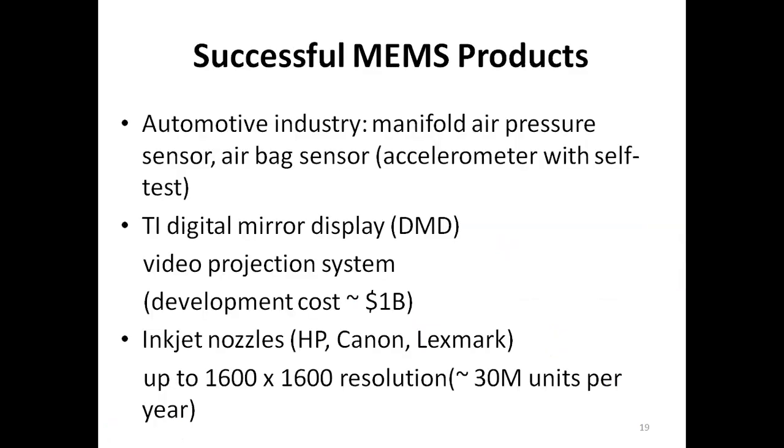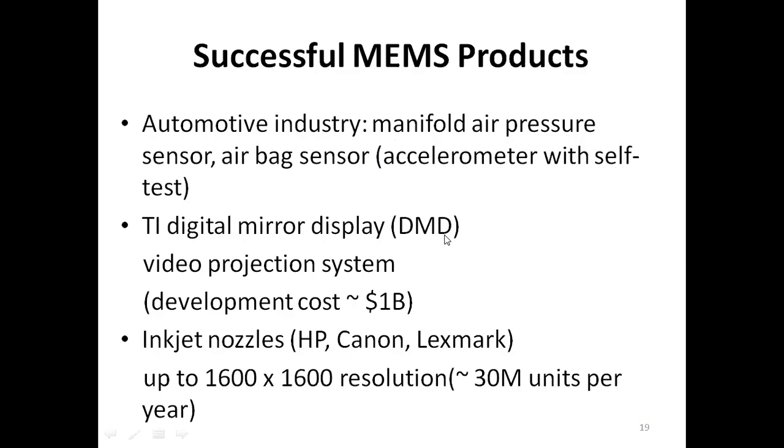Up till now, some of the successful MEMS products in the automobile industry are manifold air pressure sensors and airbag sensors. Airbag sensor is actually an accelerometer with self test. Texas Instruments digital mirror display, that is DMD.